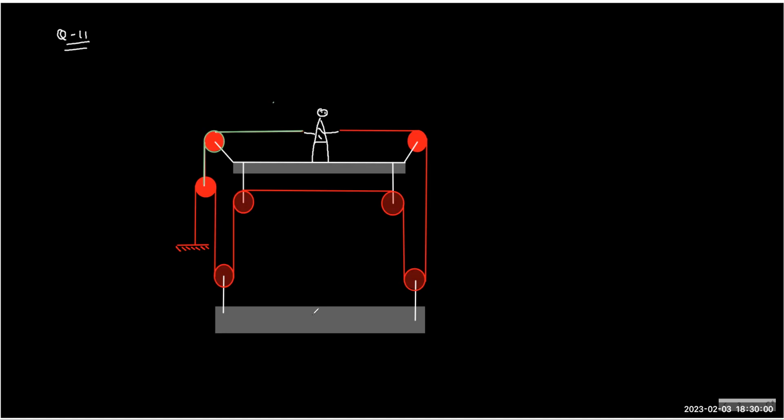And this is one mass one. All right. So you're pulling both sides with you, right? If I assume the tension here is T, the tension here is T, and so on, this is 2T, and this is of course 2T.